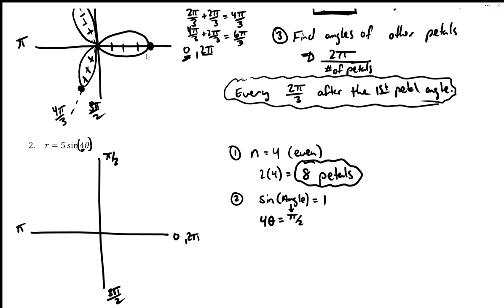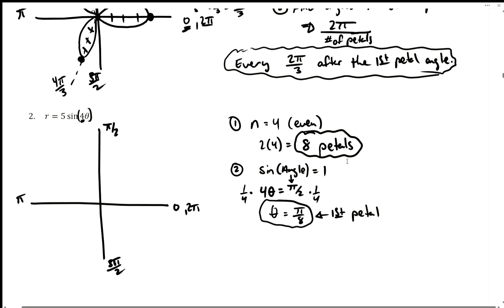That's how we maximize the trig function. Then we multiply by a quarter to get theta equals pi eighths. This is where the first petal goes.